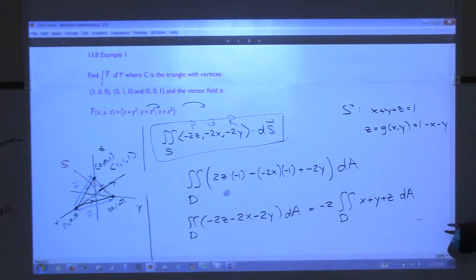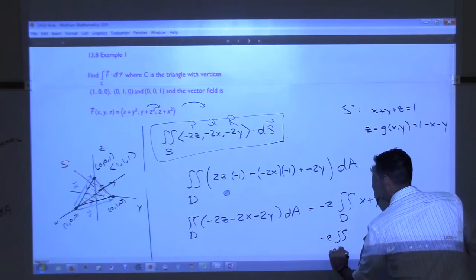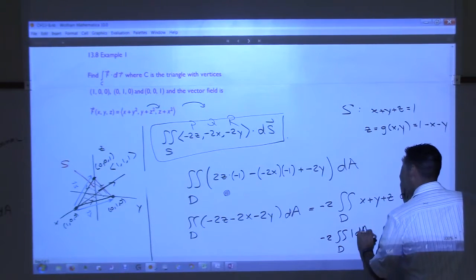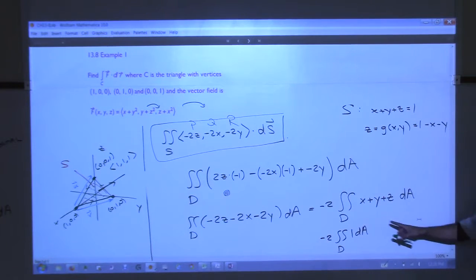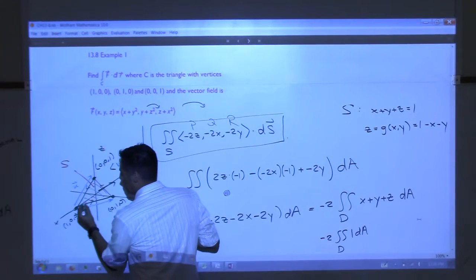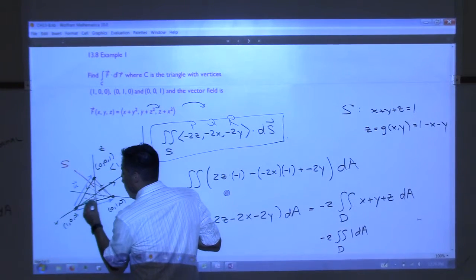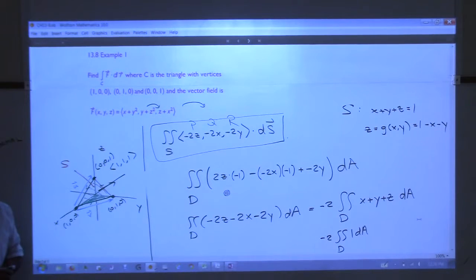Again, isn't that? That's 1. So this is negative 2 double integral over D of 1 dA, which is the area of the region D, which is the ground. It's the x and y triangle on the ground here instead of the one sitting up in space.